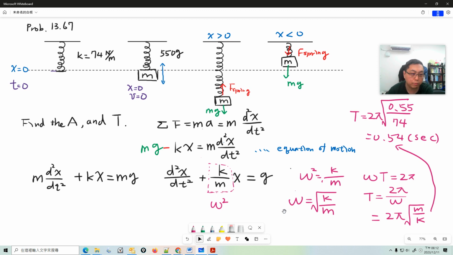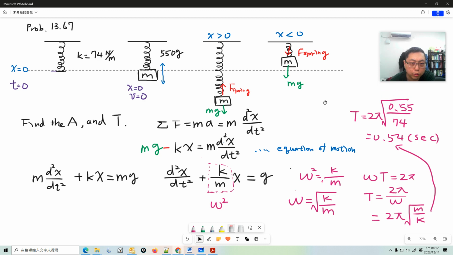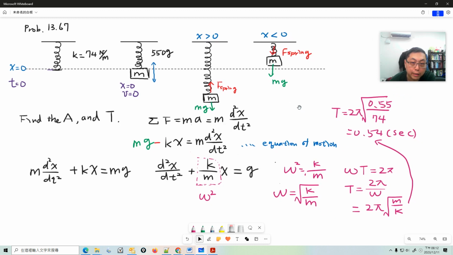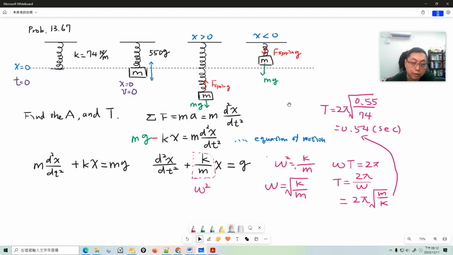And the next problem is we have to find the amplitude. How do we find this amplitude? Previously, we demonstrated in the lecture that if we have a solution of the equation of motion and put in the initial conditions, we can find the amplitude and phase constant, right? Remember that?